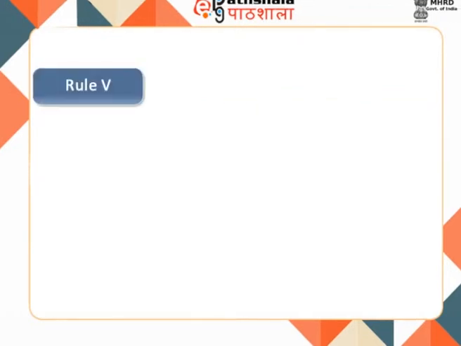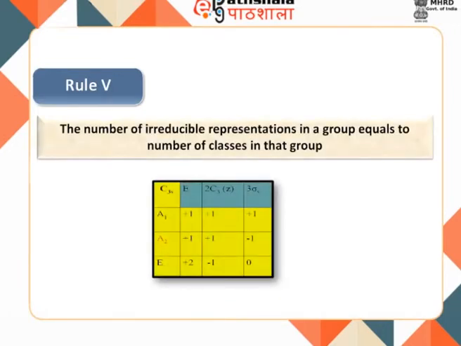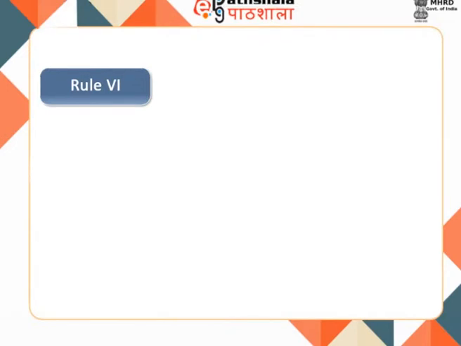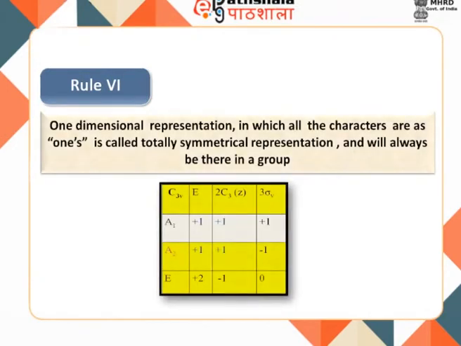The fifth rule denotes that the number of irreducible representations in a group equals the number of classes in that group. The sixth rule says that the one-dimensional representation in which all the characters are ones is called the totally symmetric representation and will always be there in a group.